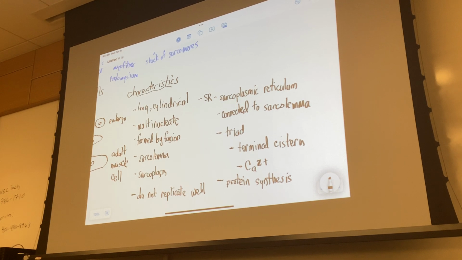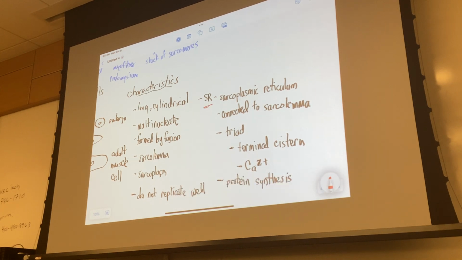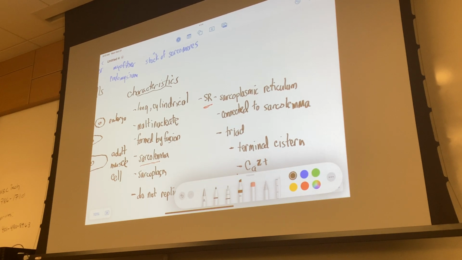It's also responsible for building all the proteins associated with the sarcomere, and it is really integral in the steps in a muscle contraction. Okay. The SR itself is connected to the sarcolemma, and that sarcolemma, the thing that I have right here, is simply the plasma membrane of the muscle.